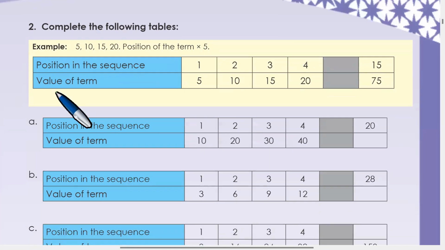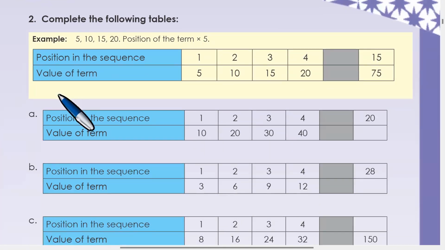Okay, now we need to complete the following tables in the same manner, because completing the tables is extremely important when one is learning. Like in this example, 5, 10, 15, 20: position of term times 5. Position 1 times 5.